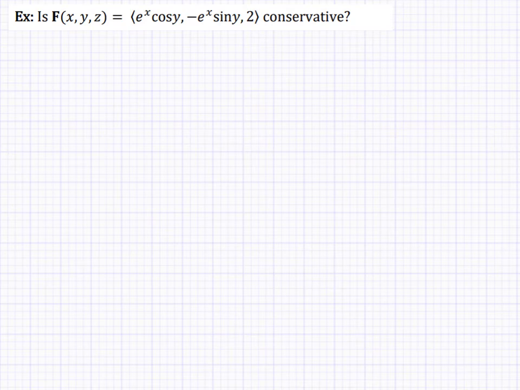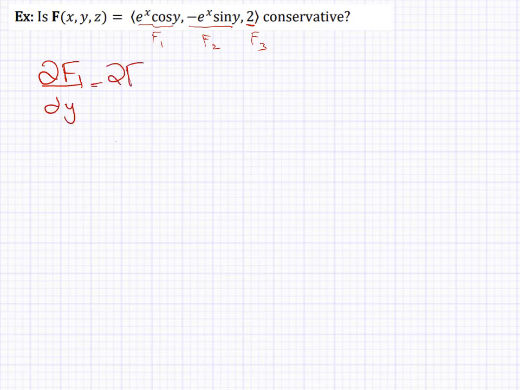Is this one conservative? Well, this is a 3D vector field. There's F1, there's F2, and there is F3. So I need to do my 3 mixed partials. So the partial of F1 with respect to y has to equal the partial of F2 with respect to x. All right, so let's see if that holds first.